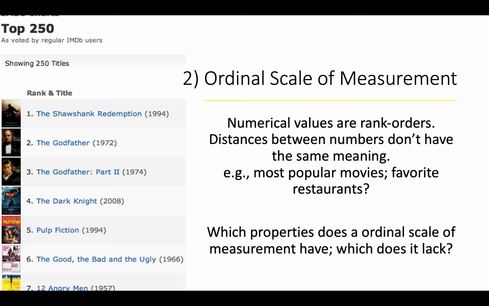This scale of measurement only has 2 properties, identity and magnitude, right? So the numbers differentiate the identity between them, and magnitude lets us know that 1 is better than 2, which is better than 3, which is better than 4, but not necessarily in an equal fashion. So the ordinal scale of measurement is lacking equal unit size and absolute 0.